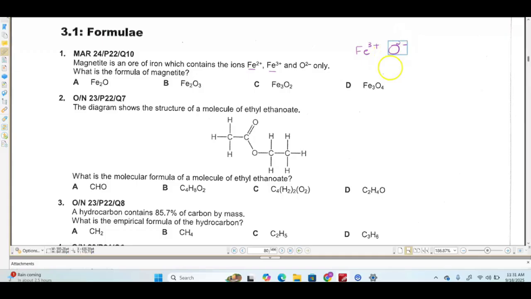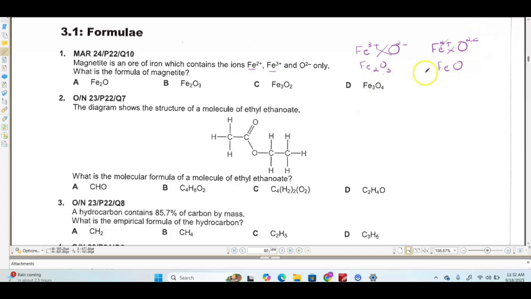So when we cross these oxidation states over, we are going to get Fe2O3. Or if the iron has an oxidation state of +2 and oxygen has the oxidation state of -2, as in case of these two ions being there, when cross multiplied they are going to be cancelled, and the answer that we are going to get is FeO.